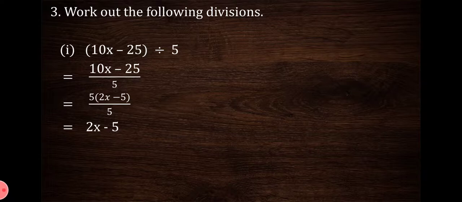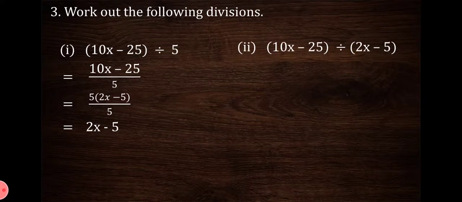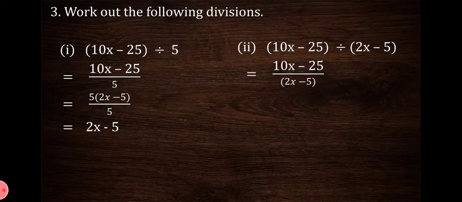Question number 2, that is 10x minus 25 divided by 2x minus 5. Again equal to 10x minus 25 upon 2x minus 5. Now in the numerator we can take out common. But in the denominator, though there are two terms, we cannot take out anything common, so let it be as it is.